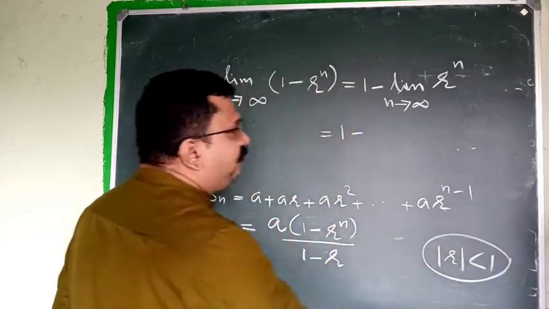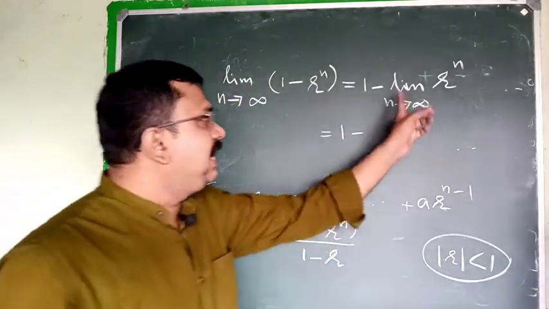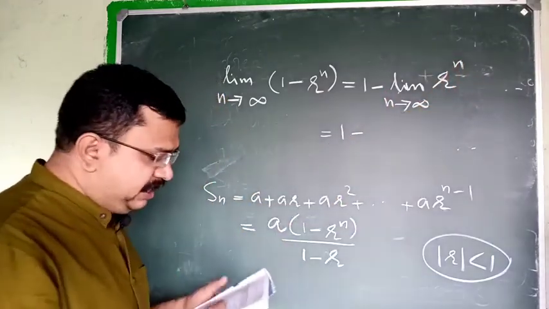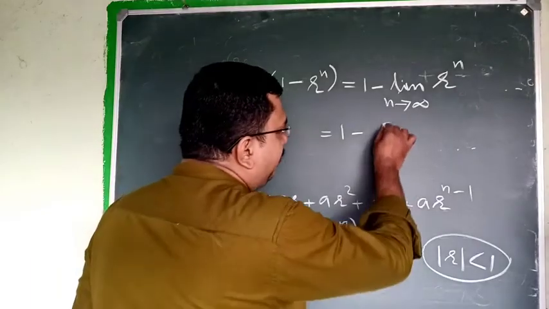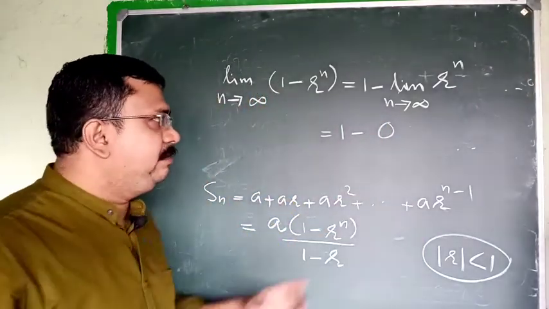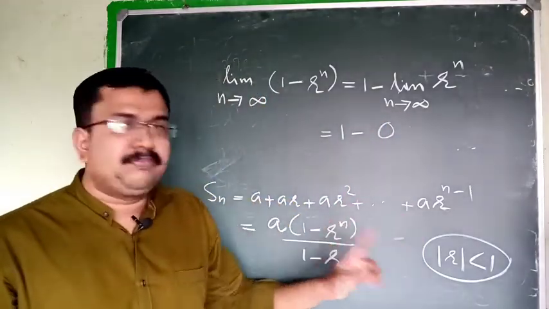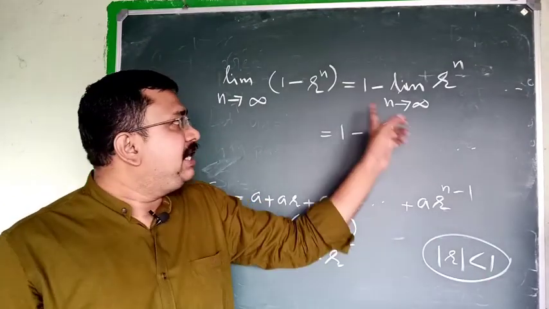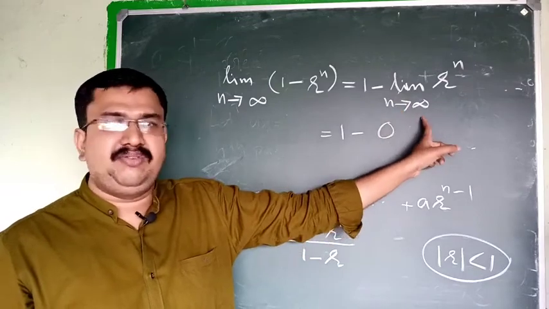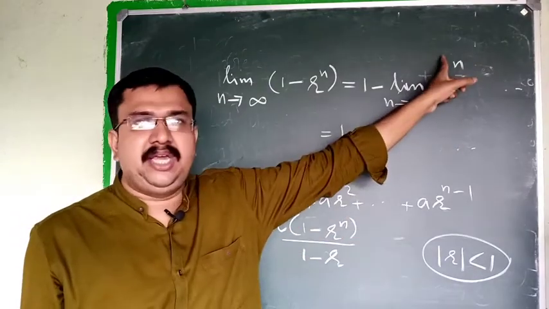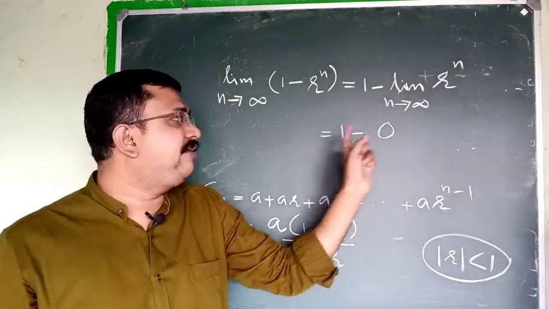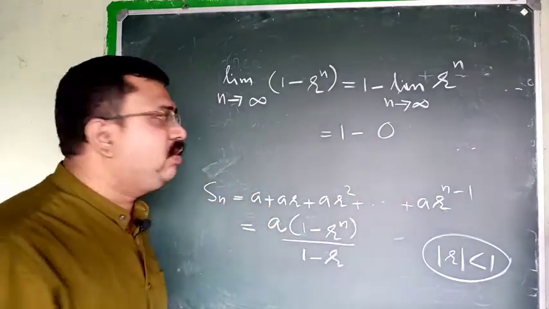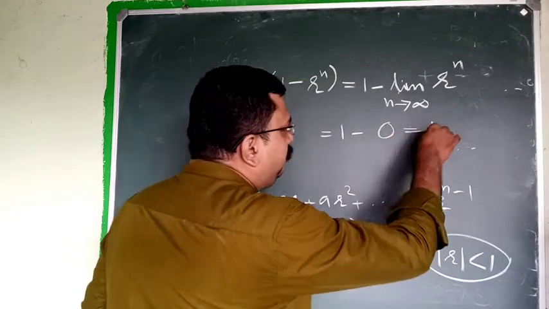If modulus of r is less than 1, then limit n tends to infinity r raised to n is equal to 0. Therefore this result is 1 minus 0. What is 1 minus 0? That is equal to 1.